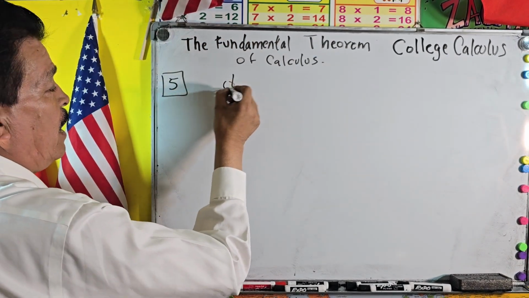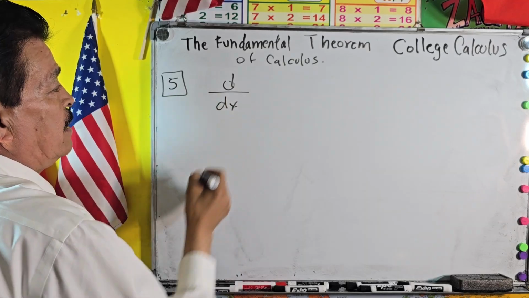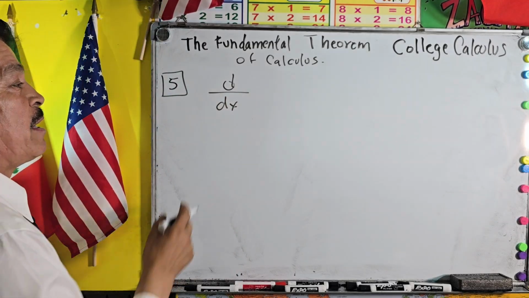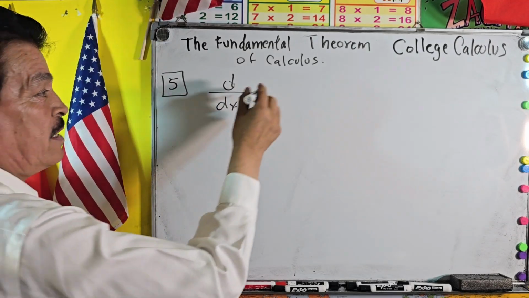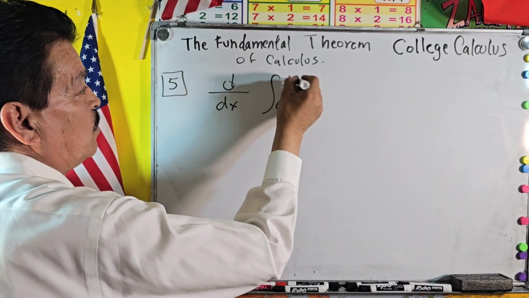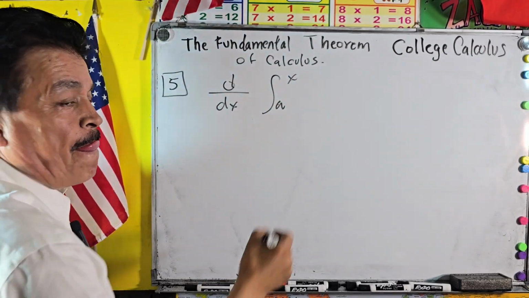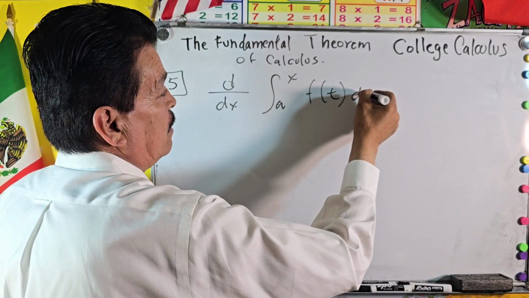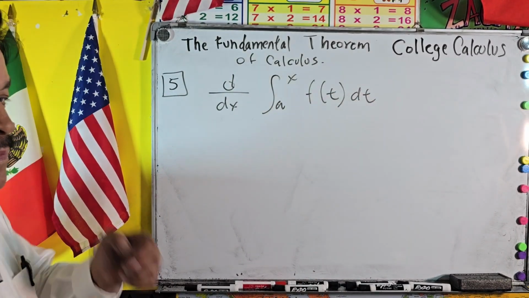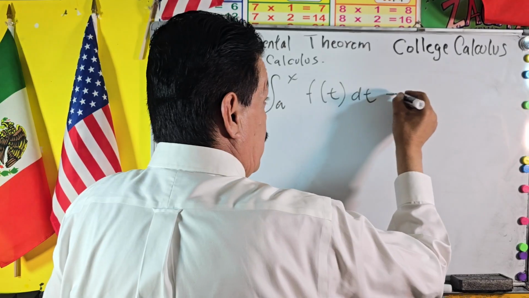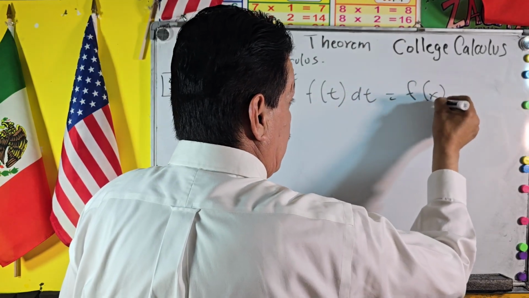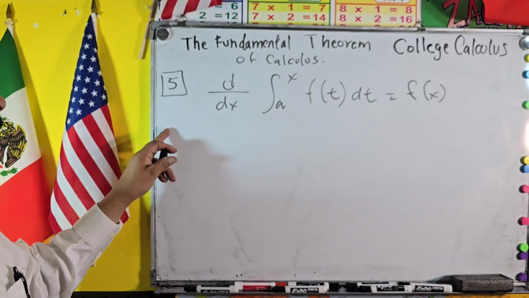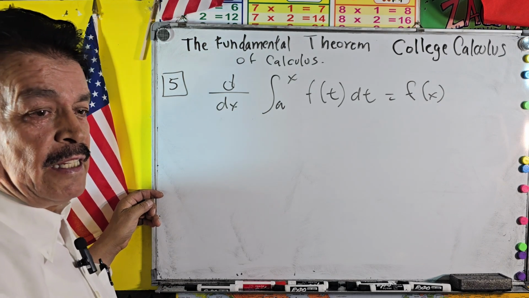So now we have the differential of x: d over dx of the integral from a to x of f of t dt equals f of x. We have right now number 5.